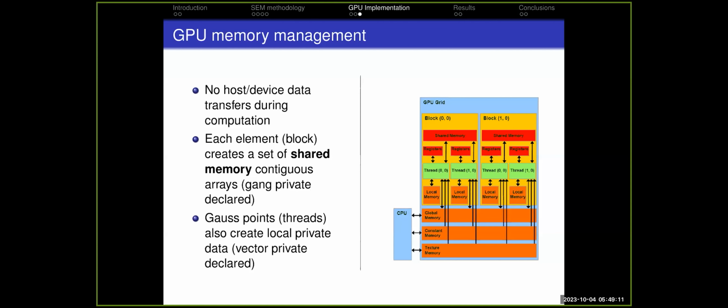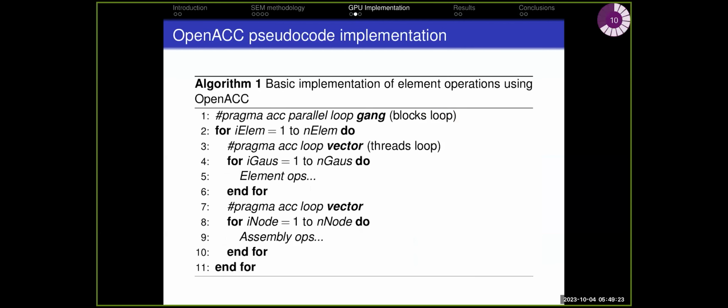And the other important part is how we handle the memory hierarchy of the GPU. So we know that a thread block can have shared memory and registers per thread. And if we go back to our gang and vector loops, what we actually do is that we declare certain local variables gathered inside these loops as private to each one.